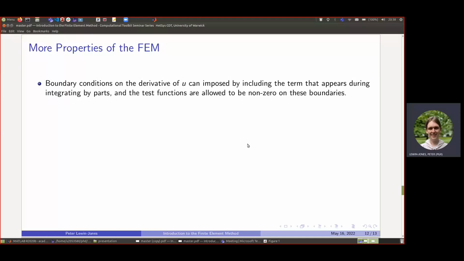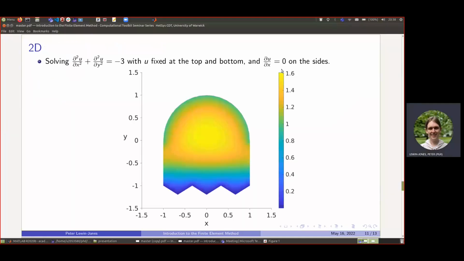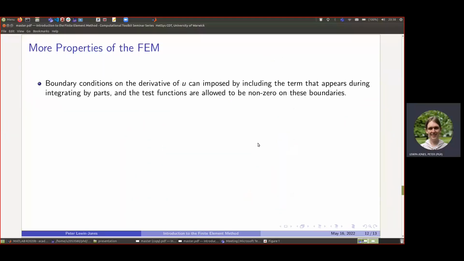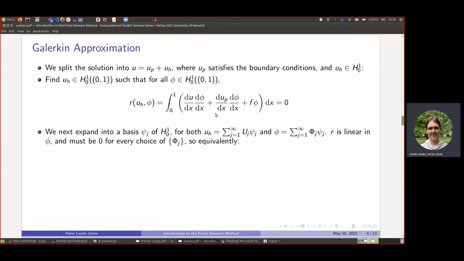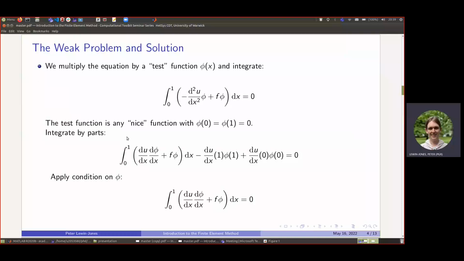So a few more properties. Boundary conditions on the derivative, like I've used here on the sides, can be imposed by including the term that appears when you do integration by parts, and you let the test functions then be non-zero on those boundaries. So if I rewind back to where I did that integration by parts, you can see here that I've integrated by parts, and I would leave these terms in the residuals.